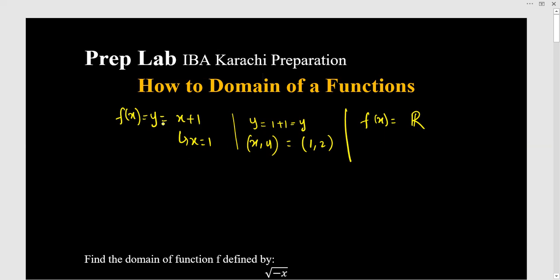In this context, y is equal to x plus 1. So whatever value you put in x, you will get a y value. Even if you put 1000, you get 1001. You put 10,000, you get 10,001. You put 1 lakh, you get 1 lakh and 1. So whatever value you put, you receive a y value.